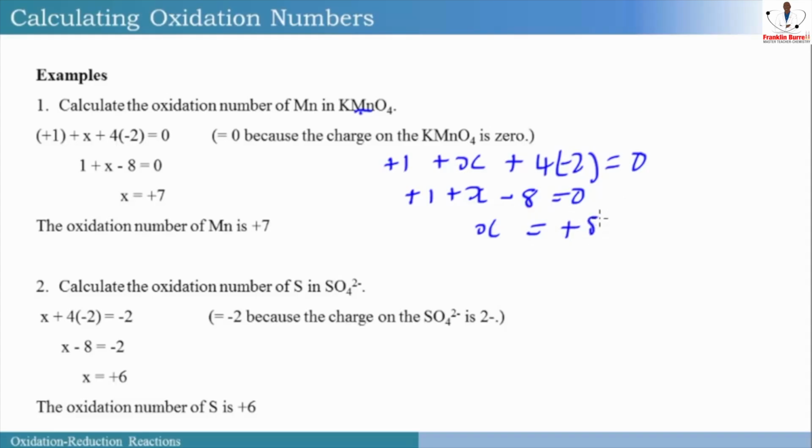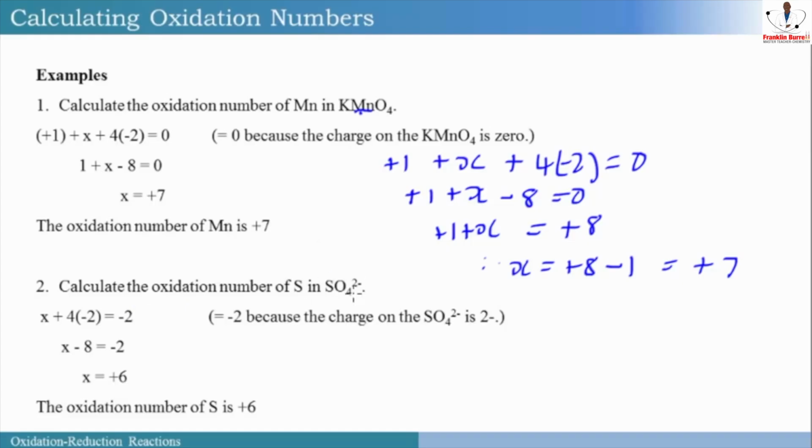So +8 here, and we have +1 here. So it's +1 plus X equals +8. Therefore, X is equal to +8 minus 1, equal to +7. So this is an example of one where the sum of the compound is equal to 0.